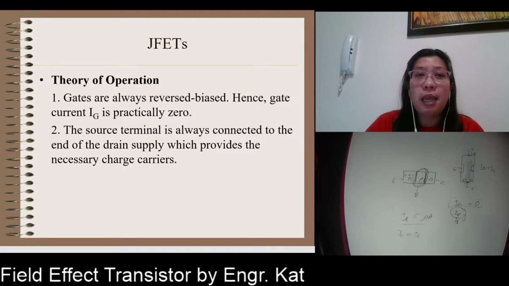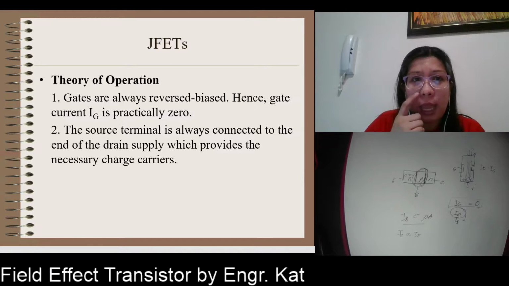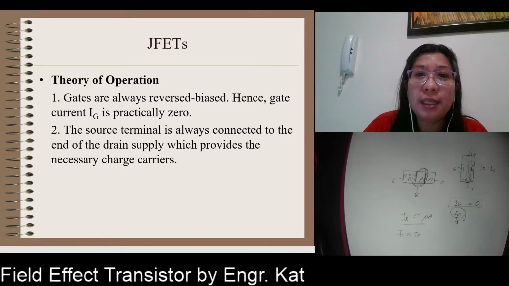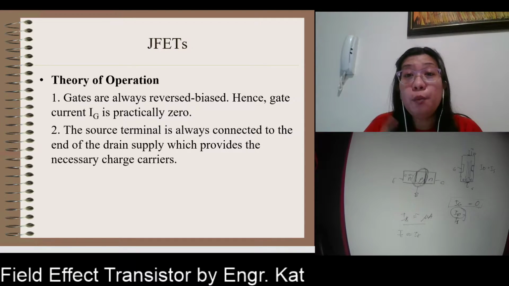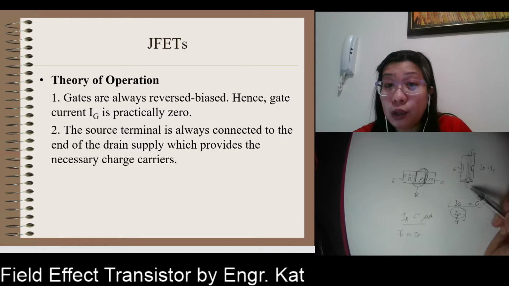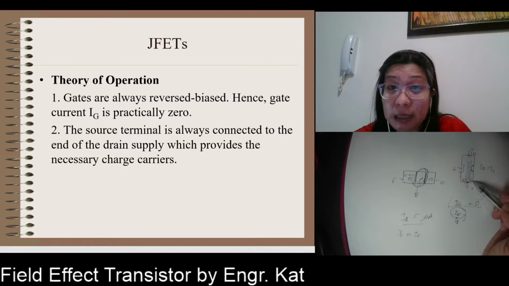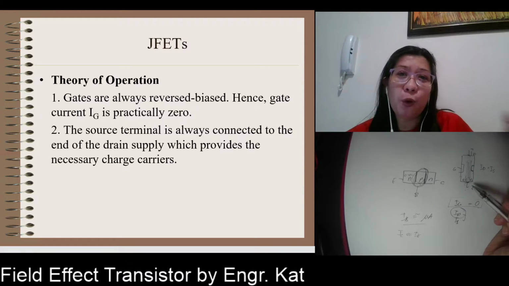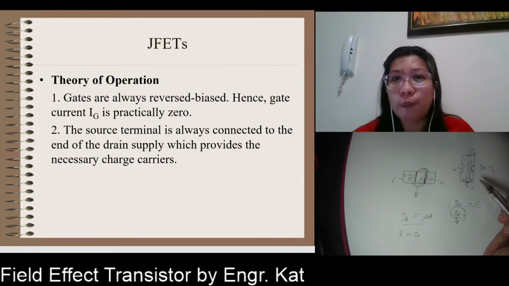The second theory of operation is that the source terminal is always connected to the end of the drain supply, which provides the necessary charge carriers. You might be confused since the drain and the source are both of the same material, both N-type. Where are we going to place the positive? Where are we going to place the negative?